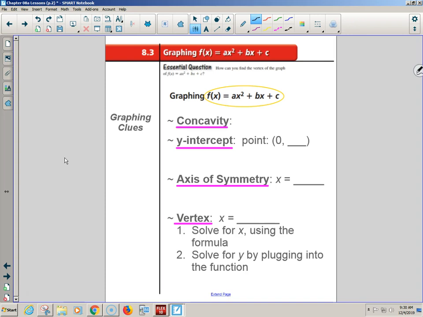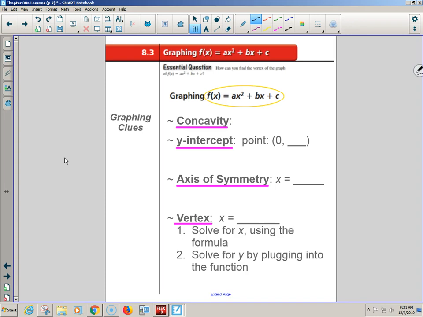Notes open. You guys have been noticing every single section we're adding something onto x squared. So our big parent function is y equals x squared. What changed in section 8.1 is we said, hey, that's not it. There can be an a, a positive or a negative number that makes it go up or go down, makes it be stretched or shrunk, so that means narrower or wider.